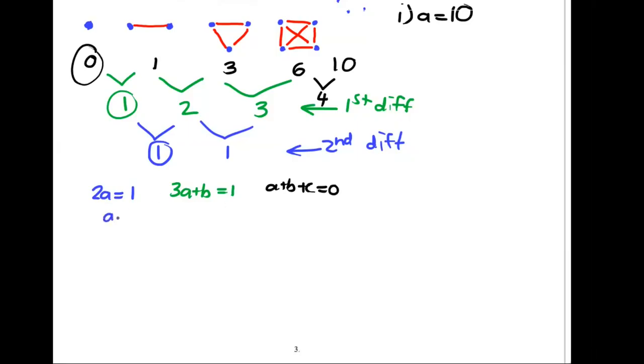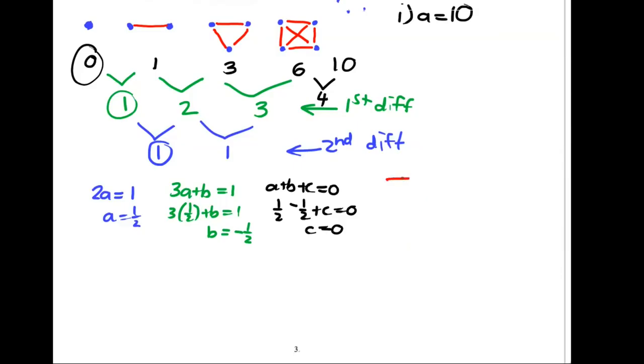So A is a half. 3 times a half plus B is 1. So this is 1 minus 1.5, so that is negative a half. And then a half minus a half plus C equals 0. So C is 0.